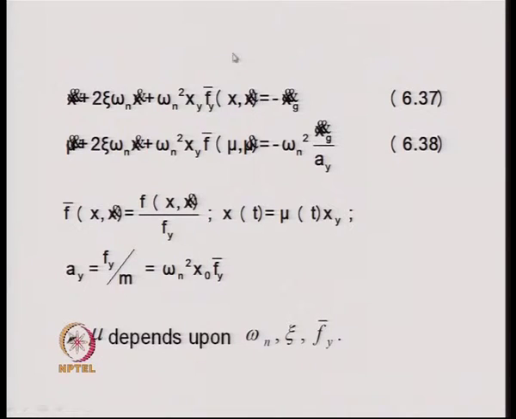The entire thing is written in this particular fashion for a certain reason which will be clear a little later, but here in fact one should have written straight away f of x comma x dot.